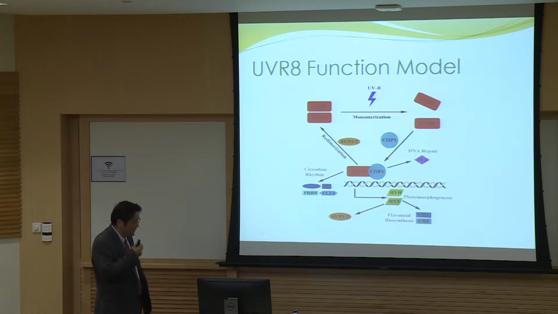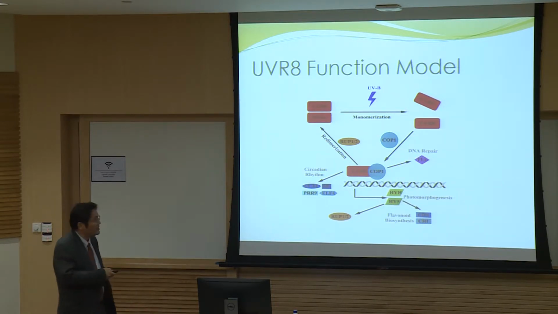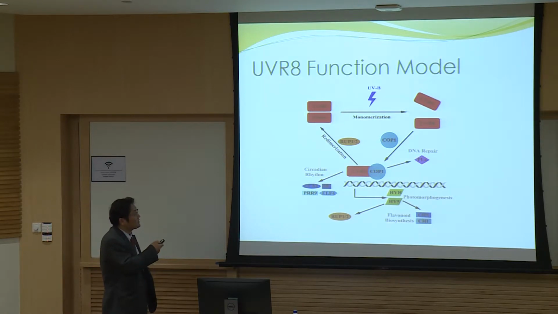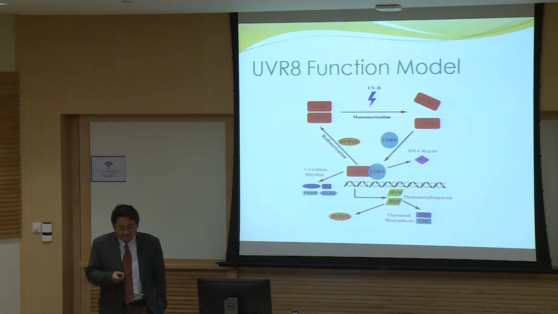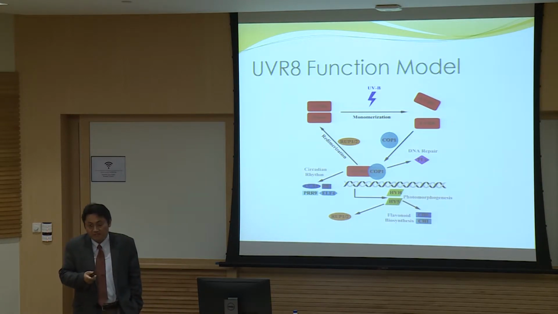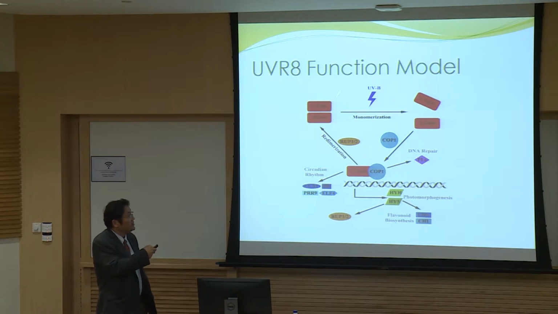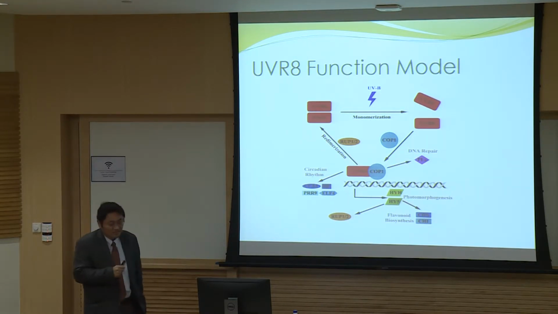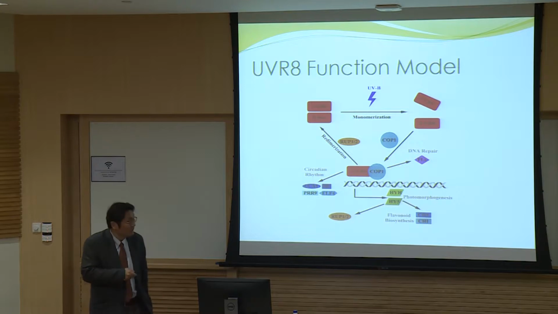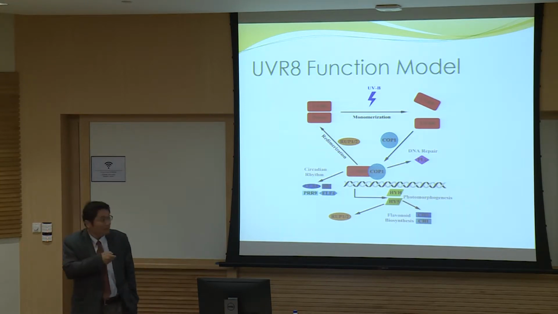After this, many people studied the biological function of UVR8, and I just list a few. This photoreceptor, like many other photoreceptors, always exists in nature as a dimer. With light, and this one is extremely sensitive to UVB, roughly around 300 nanometers, the dimer first undergoes monomerization and becomes monomer.